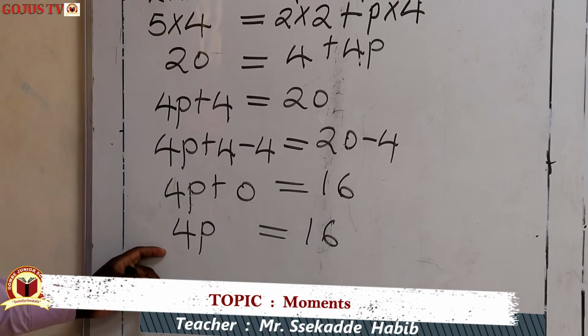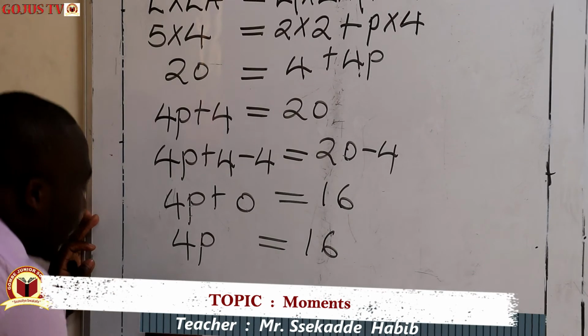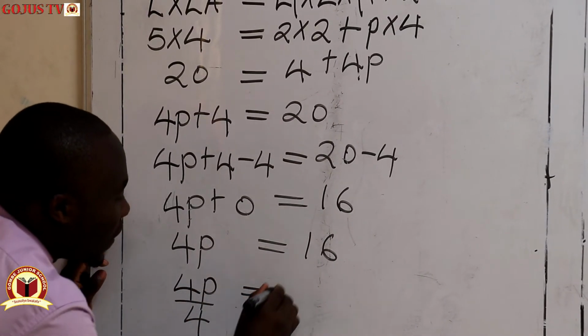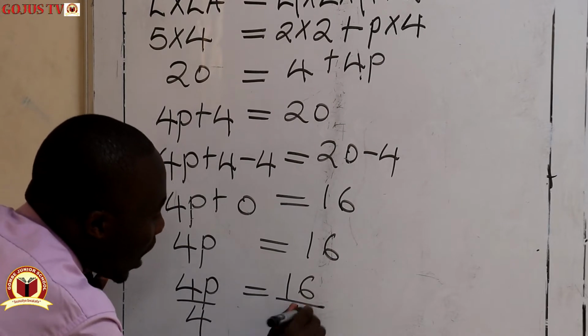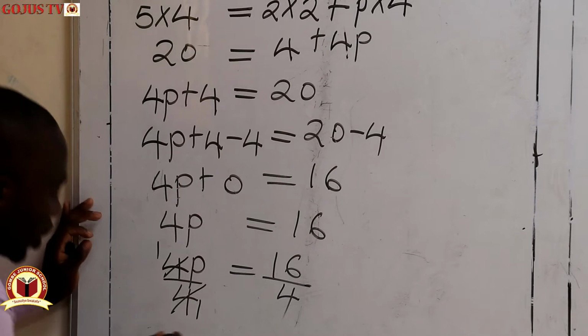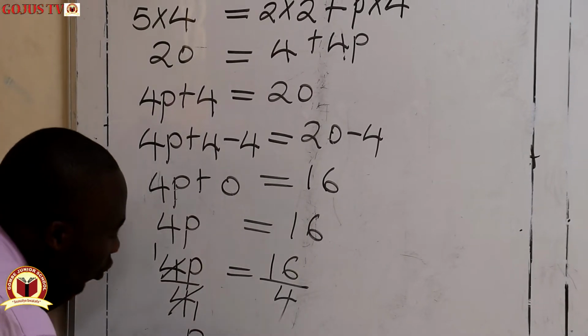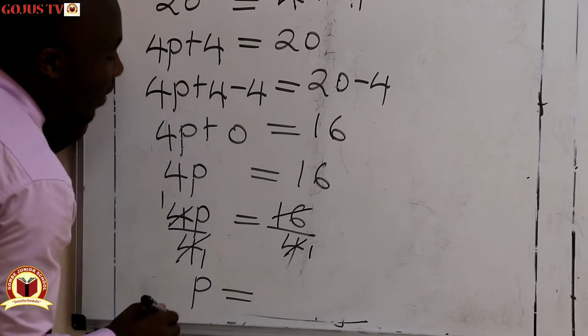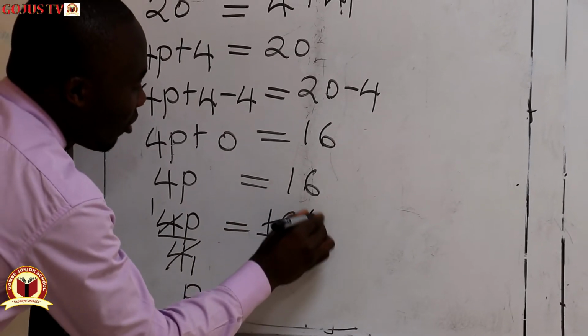Therefore, in our next step here, we shall have to divide both sides by 4. 4P is equal to 16. This one out of 4. So by 4, 1, we shall remain with P, which will be equal to, by 4, this one will give us 1, and then 16 by 4, we shall get 4.